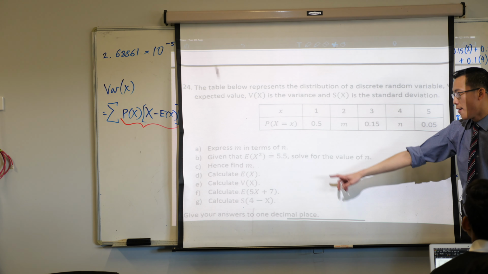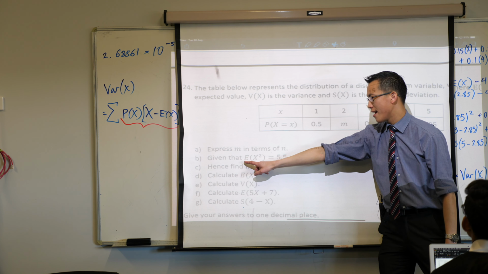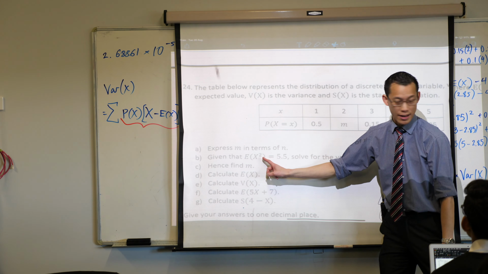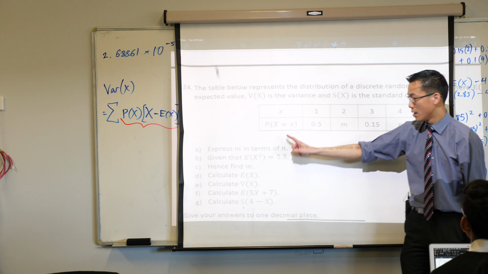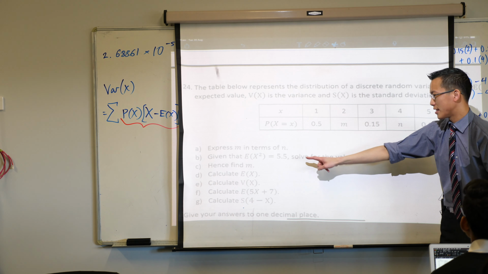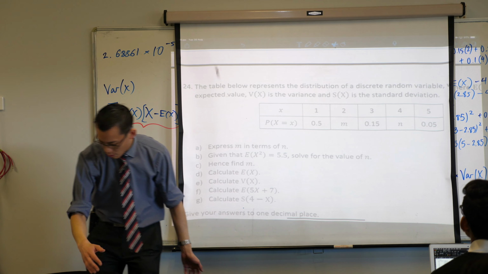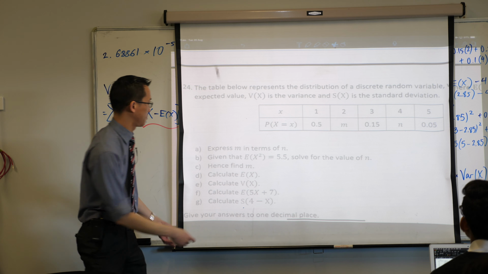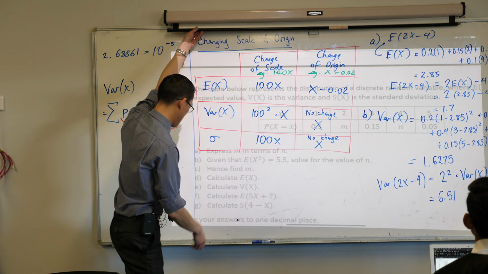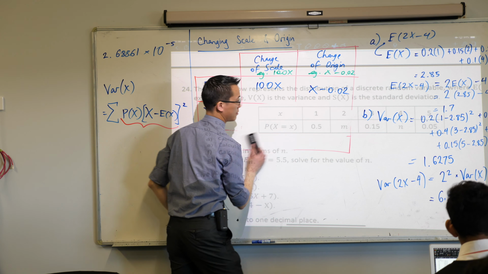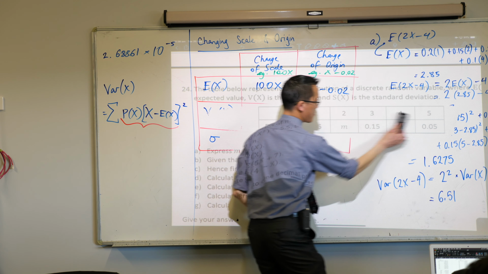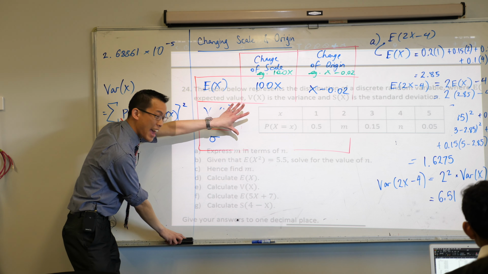For part B, it says given the expected value of this data set, not this one, this is x. I'm thinking about x squared. Given that it's this, solve for the value of n. We're now thinking about the expected value not of x, but of x squared.